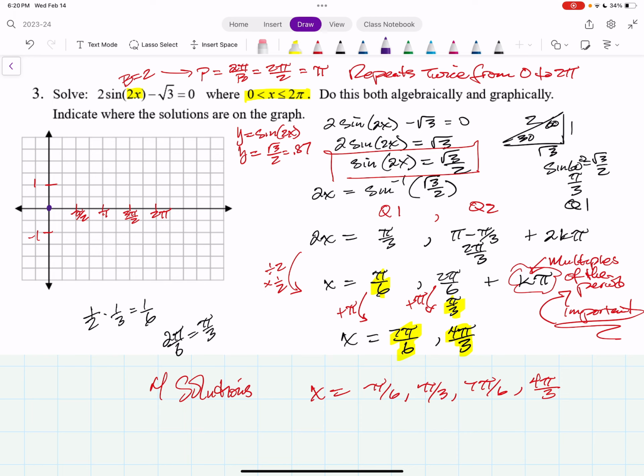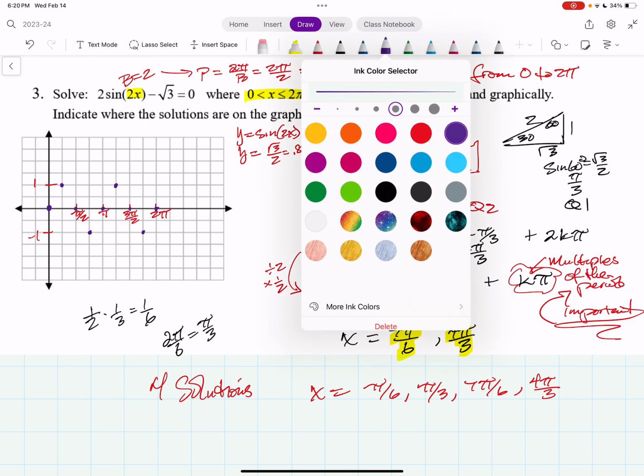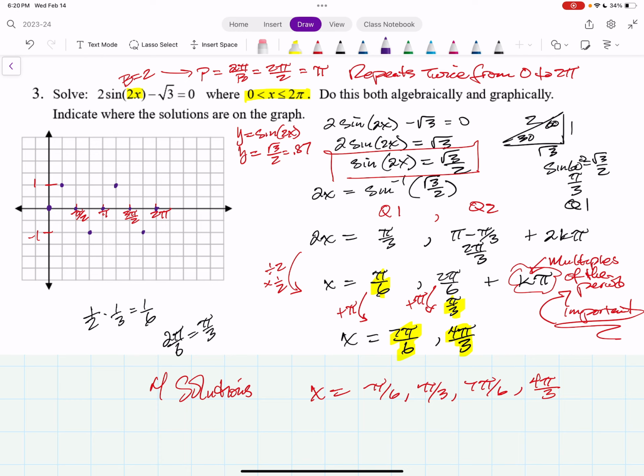So I start here at the origin, go up to a max, back to the midline, to a minimum, back to the midline. Up to the max, to the midline, to a min, back to the midline. So you curve it up, and it goes back down, and it goes back up. Right there is one period.